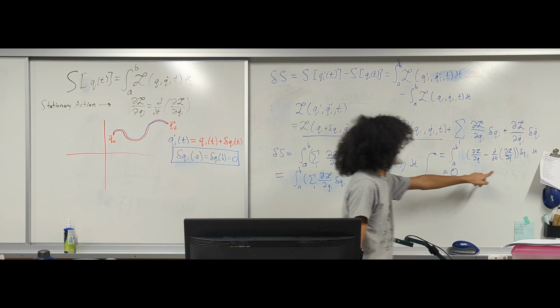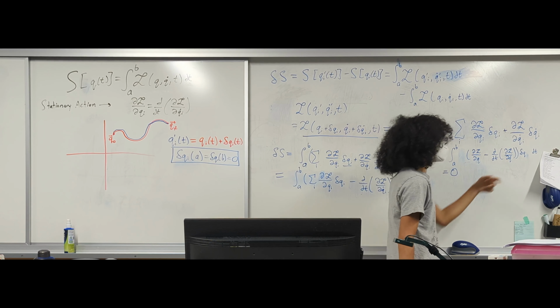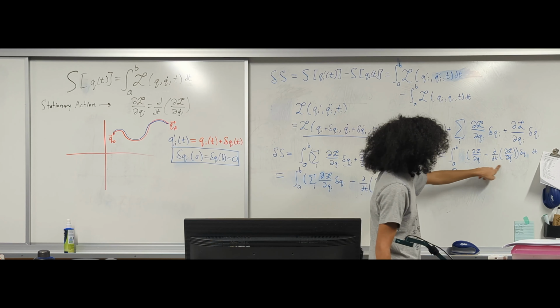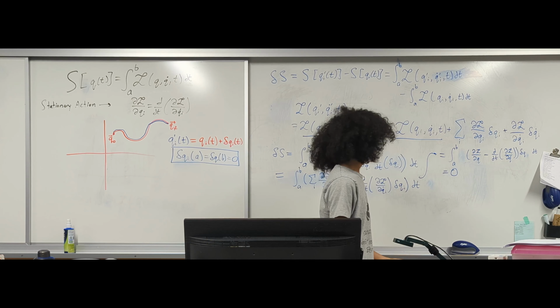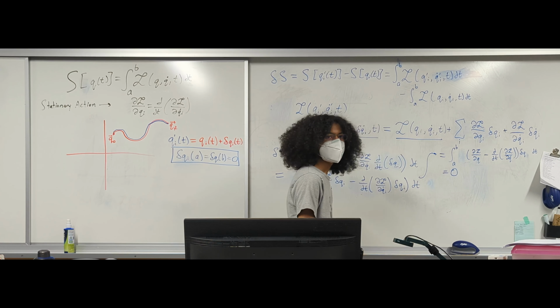It's a bit more clear that if this integral is 0 no matter what delta q is, then this has to be 0, because we could just always make delta q non-zero for all t, right? Or maybe more clearly, we can make delta q always positive, and then this expression here has to be 0. When we introduce these multiple degrees of freedom, it becomes a bit less clear.